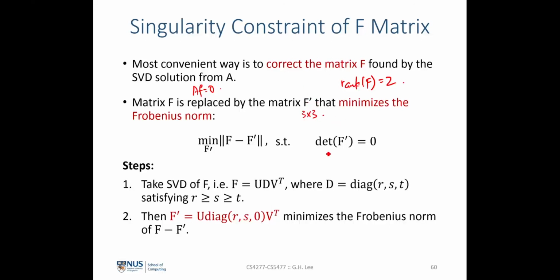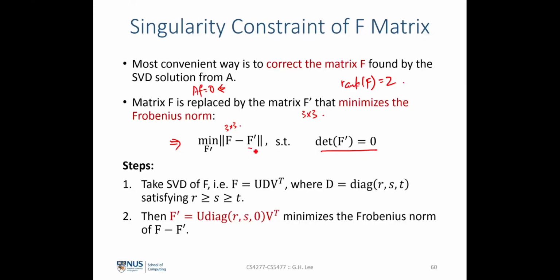This F prime must fulfill the rank constraint. This can be formalized as a minimization equation: we want to minimize the Frobenius norm between the 3 by 3 matrix found from the linear equation and the final fundamental matrix subject to the rank deficiency constraint.